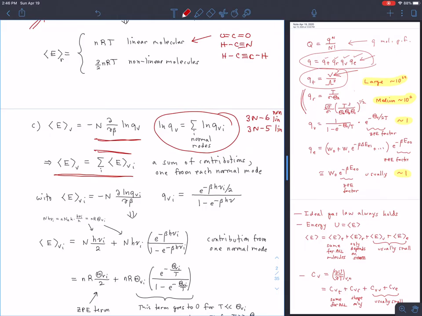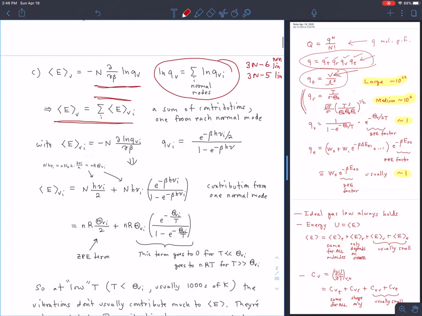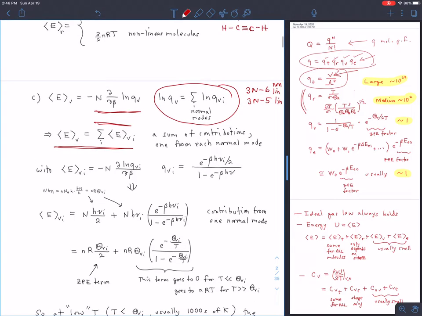So again, we can go right down the list. We can calculate the contribution from mode number 1, from mode number 2, from mode number 3, and so on, and just add them all up. That total is the total contribution from all vibrations. I'm going to use a notation from now on that I hope doesn't confuse people, but I'm going to pretend that every molecule has more than one normal mode.